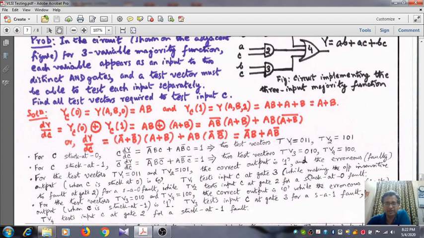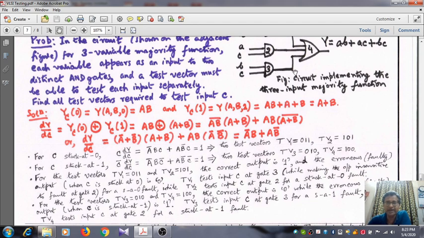So for that matter, we are oblivious of any transistor operation here. When we talk about a stuck at 1 fault occurring at this variable, this gate input, it means that although we are applying C equal to 0, this will behave like a logic 1. So 0, 1, 0 means although we have applied 0, this will behave like a 1. So 0, 1, 0 will behave like 0, 1, 1.